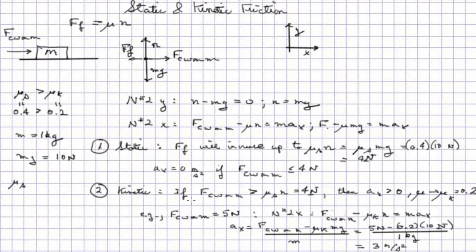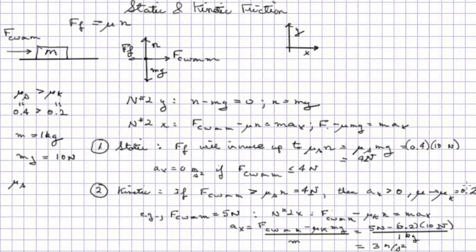Case number 2 is kinetic, and in that case let's assume that the force that CW is exerting on the mass is larger than 4 newtons. Since now you have relative motion between the mass and the surface, we must use a smaller coefficient of friction, 0.2.